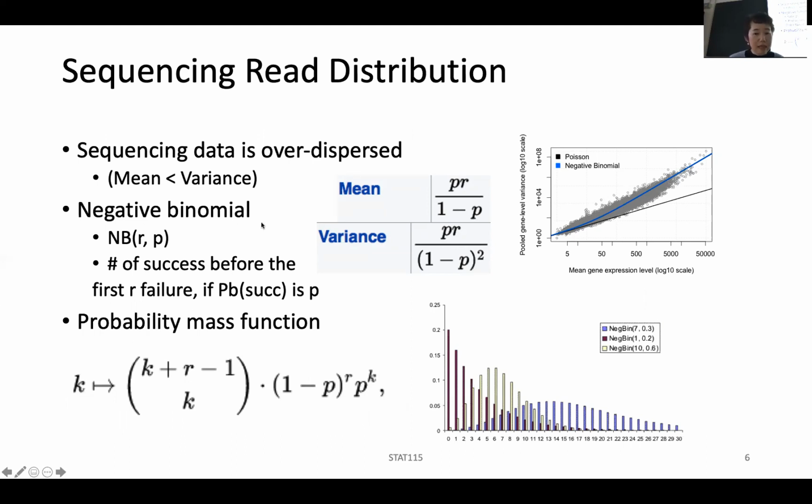We briefly discussed this. Negative binomial distribution is different from Poisson distribution in that in a standard Poisson distribution, the mean and the variance is the same. And so the black line would indicate what that would look like.